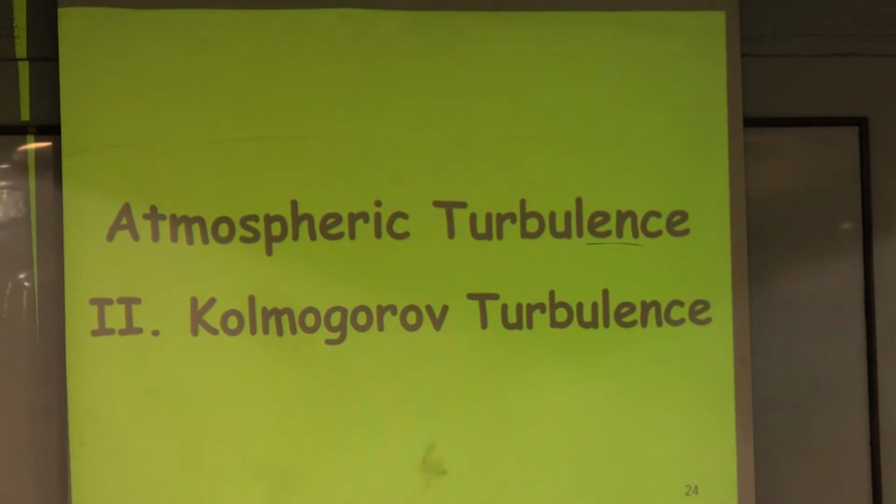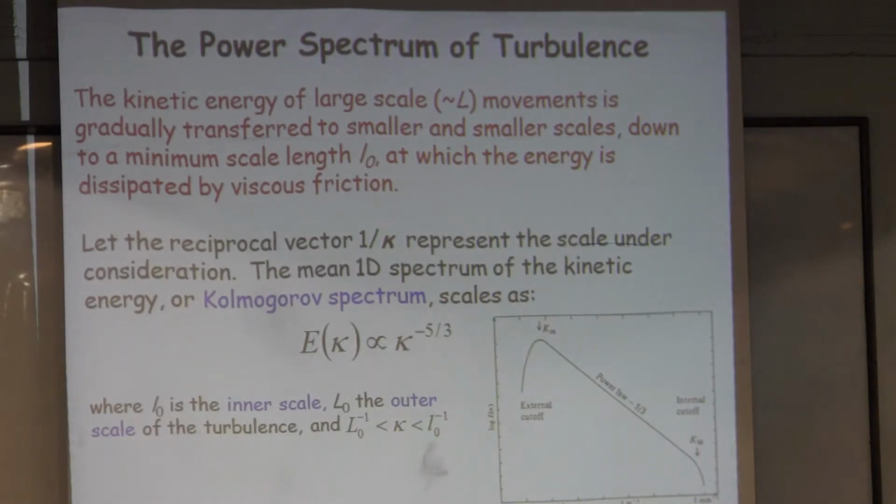Okay, so there was a Russian mathematician, Kolmogorov, who studied the turbulence carefully. And so we all assume, we meaning people working on adaptive optics systems that correct the turbulence, that it's always a Kolmogorov spectrum. We know it's not true, but it's a simple model.